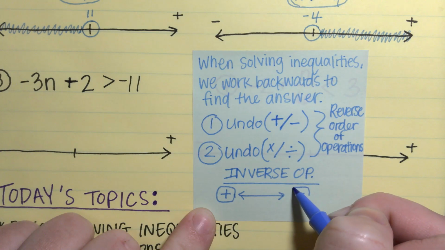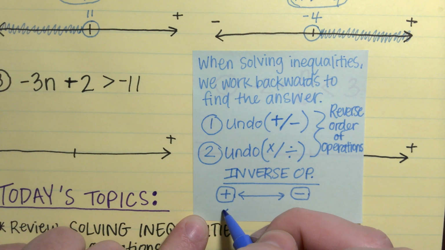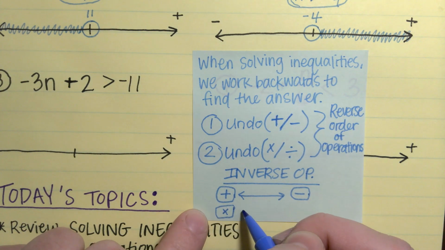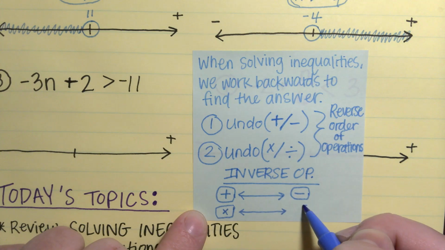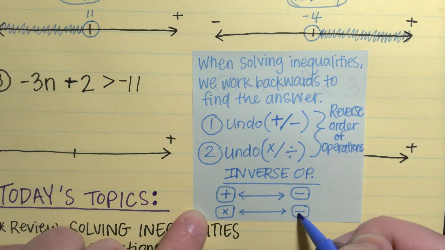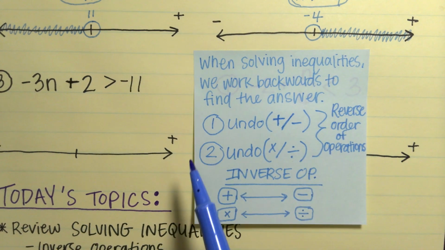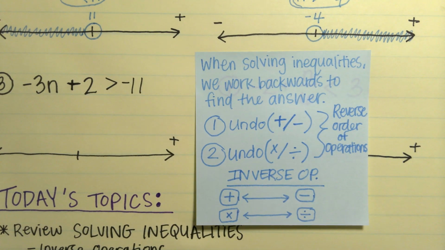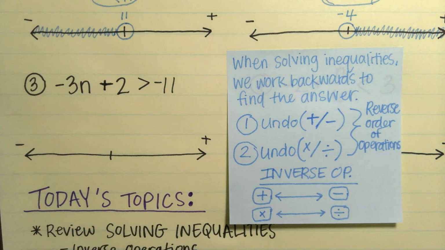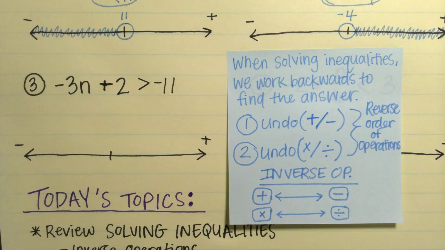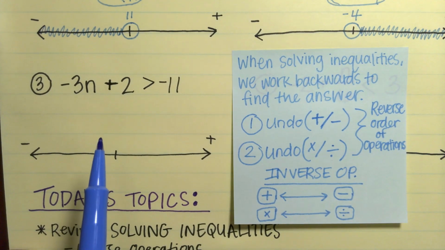Yeah, subtraction. And the opposite of multiplication is what? Division. Absolutely. So these are all the things we need to keep in mind when we are solving an inequality or an equation. So now that we have these in mind, let's look at number 3.